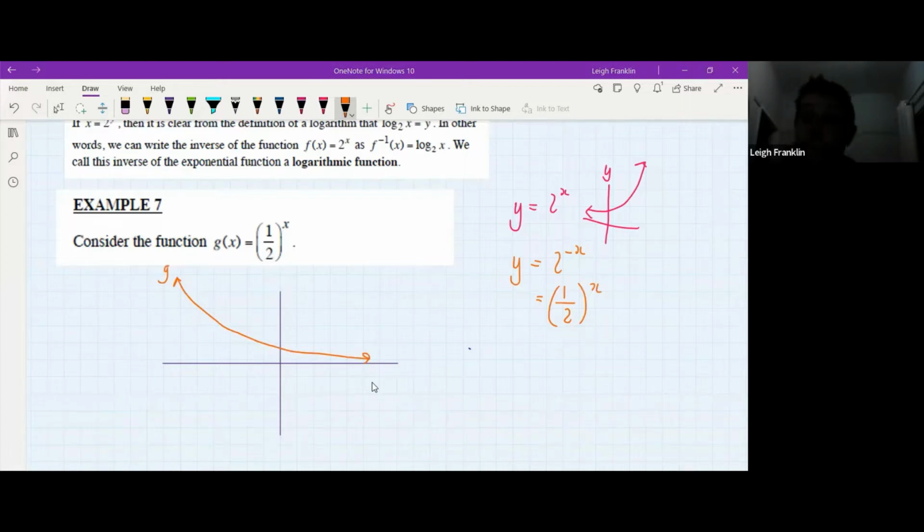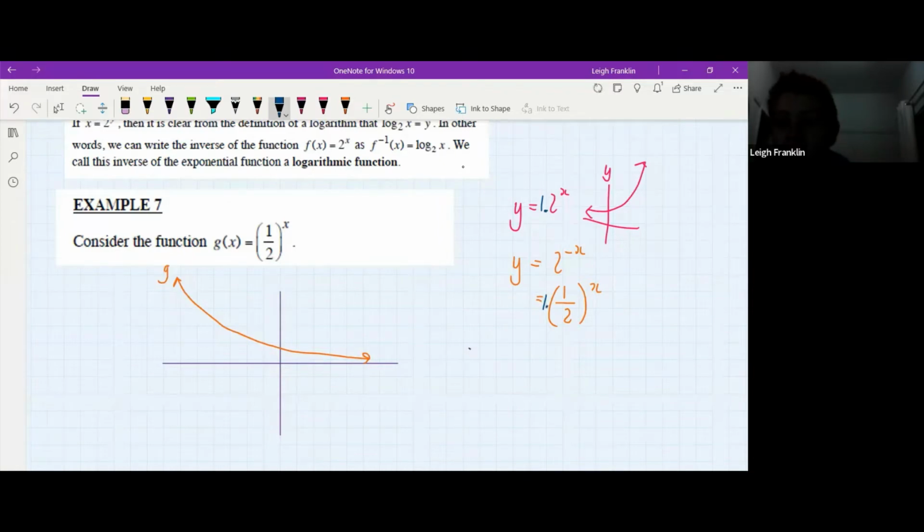No, it wouldn't cross the x-axis. So your x-axis would still be your asymptote. So this is an exponential function, but it's a decreasing function. It's important to note here that in both of these cases, there is an invisible 1 that we are multiplying each of these by in the front.